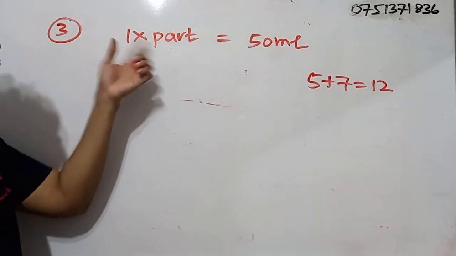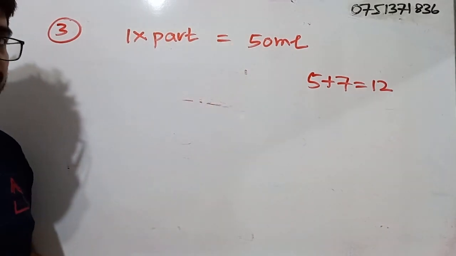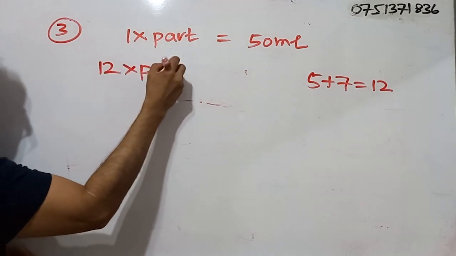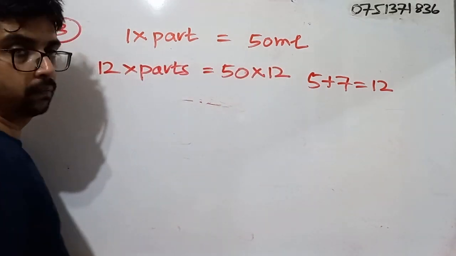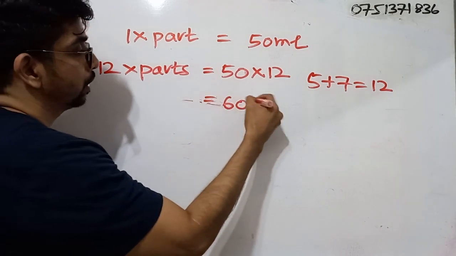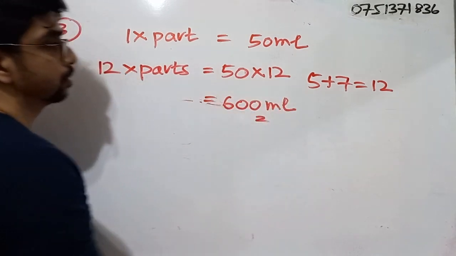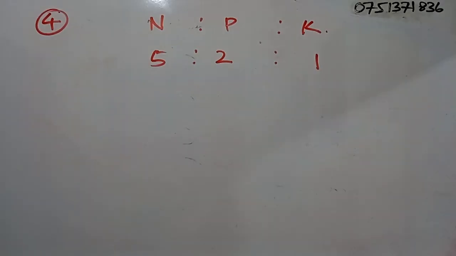So we know the value of 1 part is 50 milliliters. Therefore, the value of 12 parts is 50 into 12. So what do we get? 600. These are milliliters. Right.